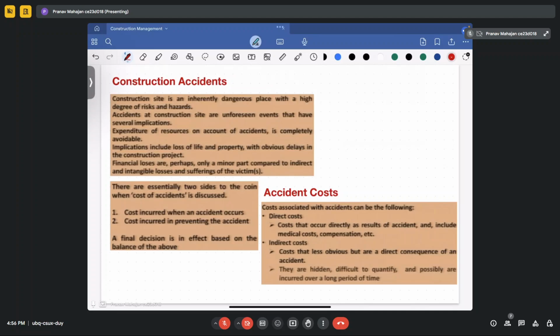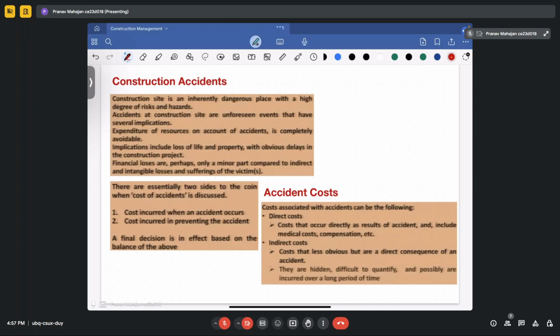The expenditure of resources on account of accidents is completely avoidable. It includes loss of life, property, with obvious delays in the construction process. Financial losses are perhaps only a minor part compared to the indirect as well as the intangible losses and the sufferings to the victim that may occur.